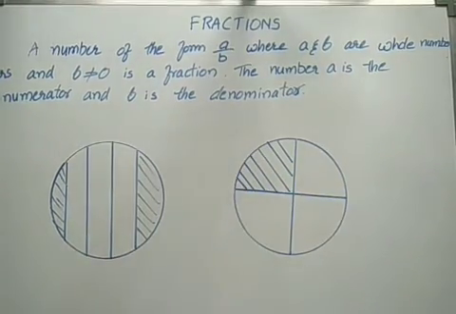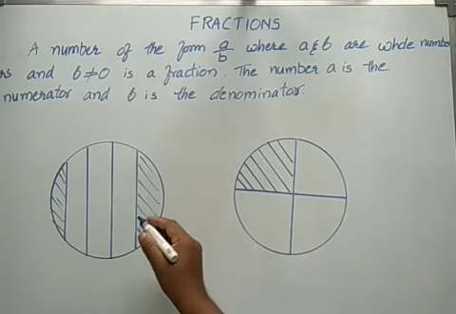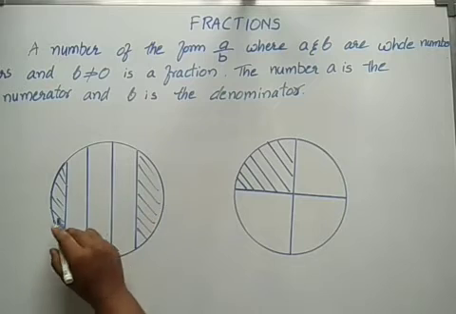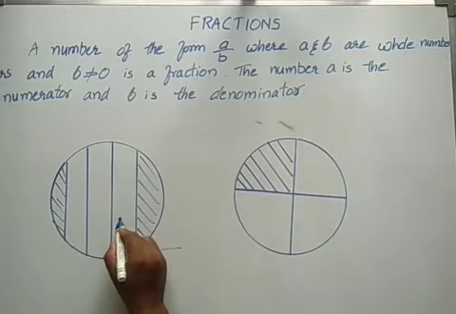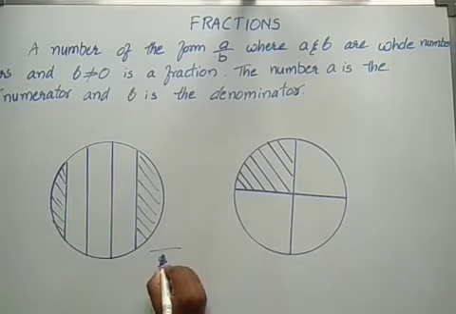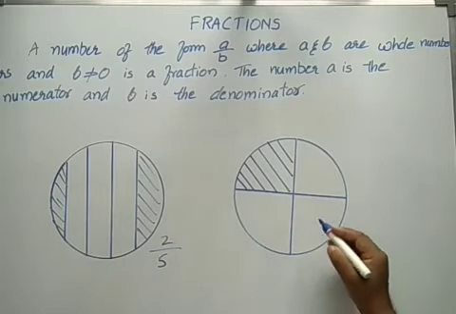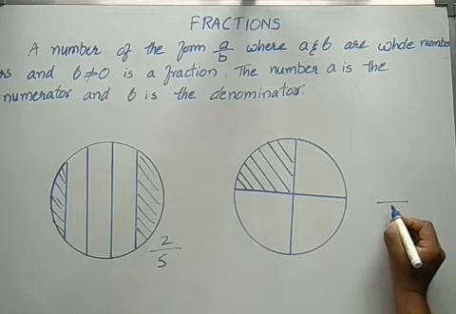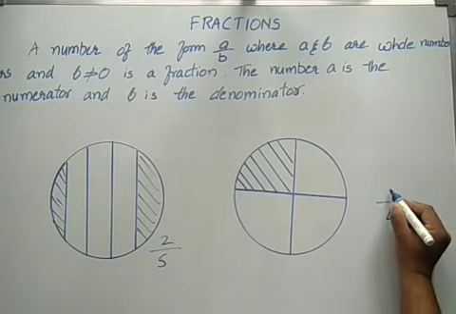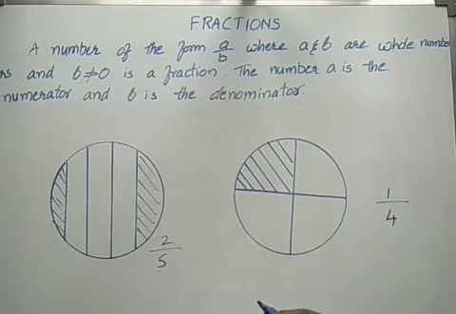In both figures we want to write the shaded portion. So some people may write, see, the total number is here 1, 2, 3, 4, 5, and the shaded portion is 2. And here the total number of parts is 4, and the shaded portion is 1. Here my question is, which one is the correct one?